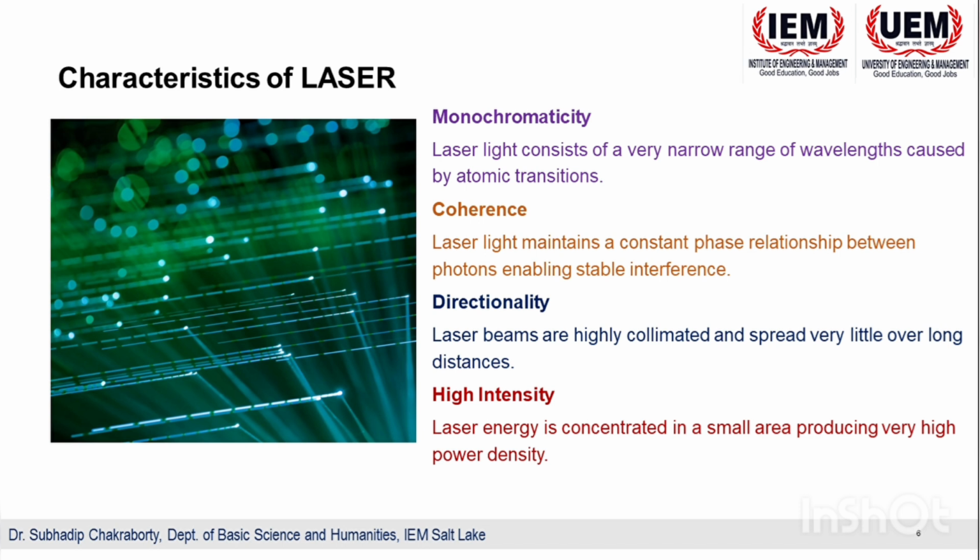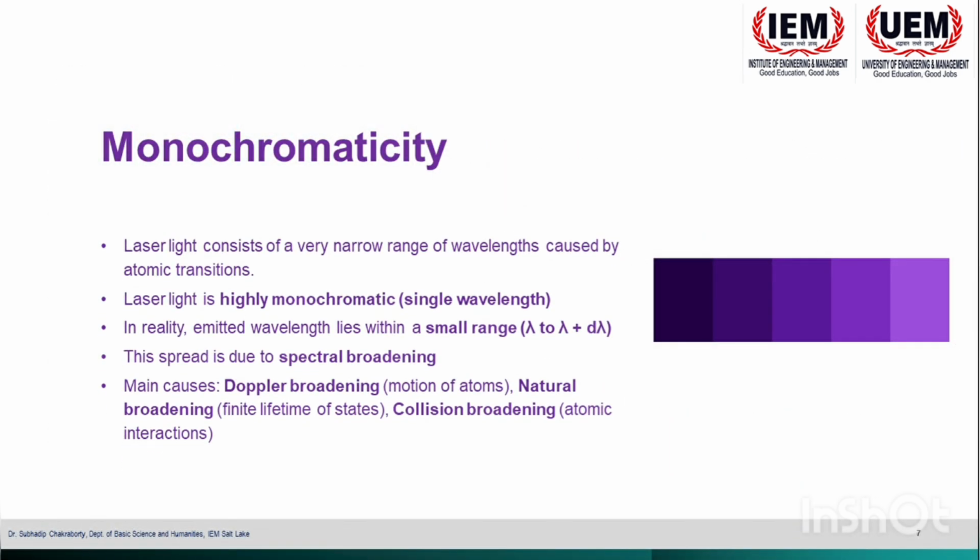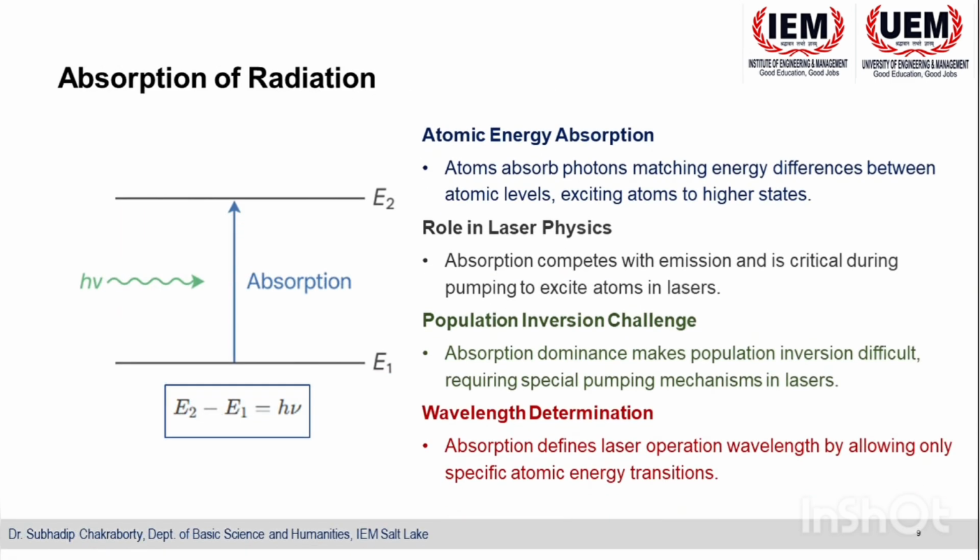To understand laser action, we must first understand three fundamental atomic processes. It's absorption, spontaneous emission and stimulated emission. In the absorption process, an atom absorbs a photon whose energy matches the difference between two atomic energy levels.